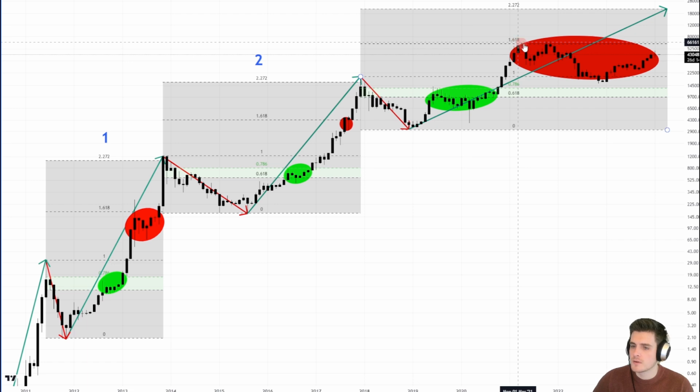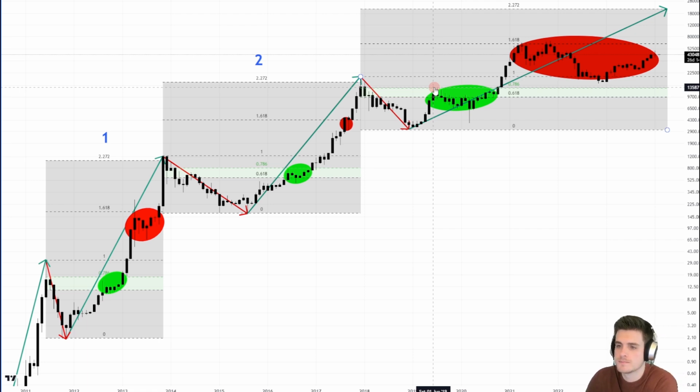After that, we had a big correction, and then another test of this 1.618 region. And this is the 69k top, and then Bitcoin all the way dropped back to 15k. It didn't invalidate this 1, 2, 3, 4, 5, because then this level should have dropped into the 13.8k top here before the COVID dip, which it didn't.